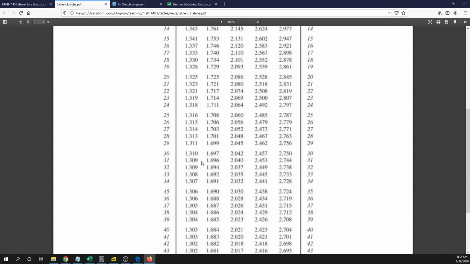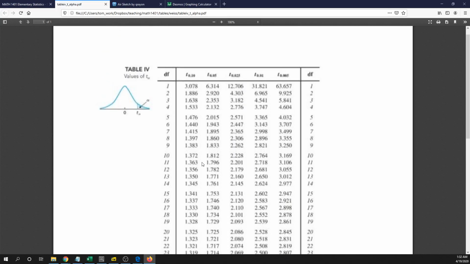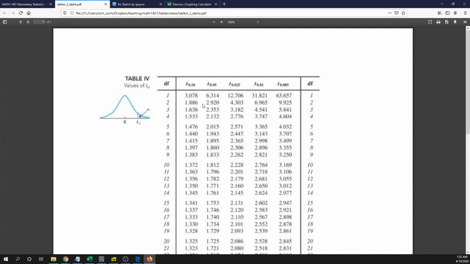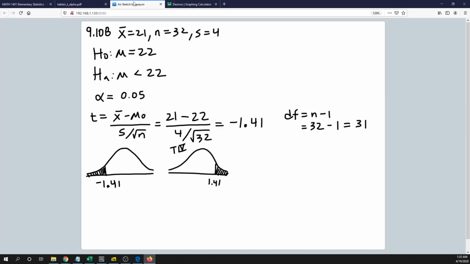So that's not going to let us calculate the p-value exactly, but we know that our p-value is going to be in between 0.05 and 0.10. So going back over here, we would know that our p-value, P, is going to be less than 0.1 and greater than 0.05, okay?